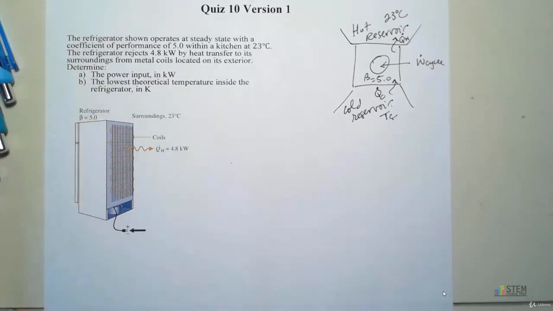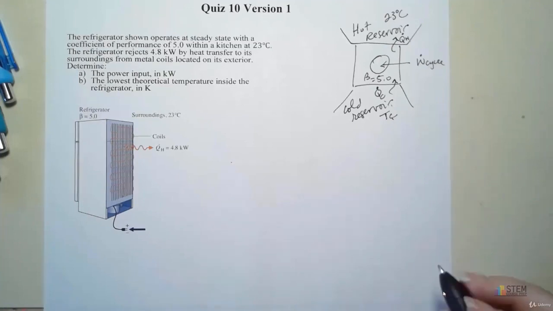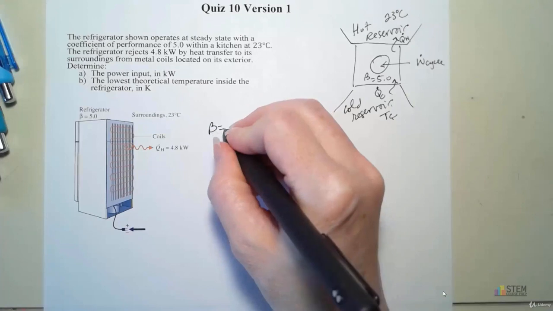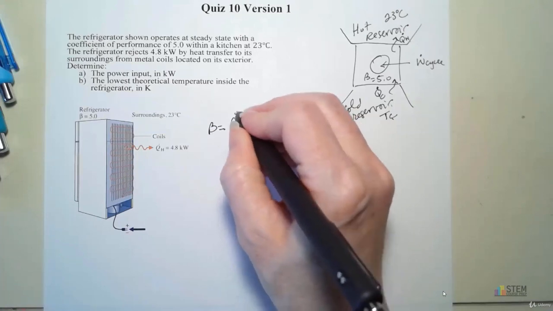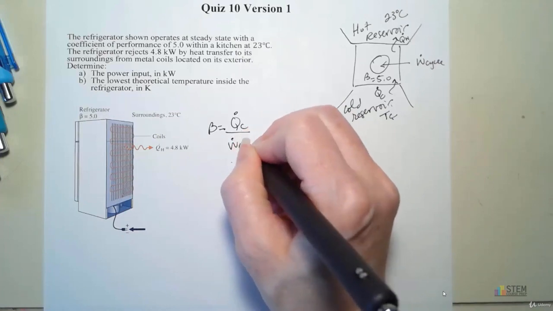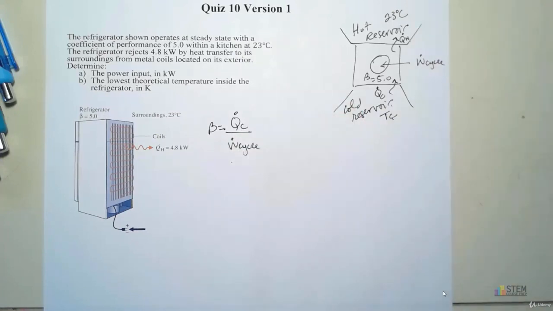Now, let's see what we need. We need the power input. We want to find W dot. Well, if you look back at the refrigeration cycle when we were talking about coefficient of performance, which is beta, we have beta equals QC dot over W dot of the cycle.